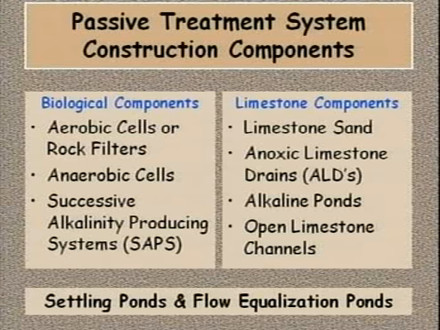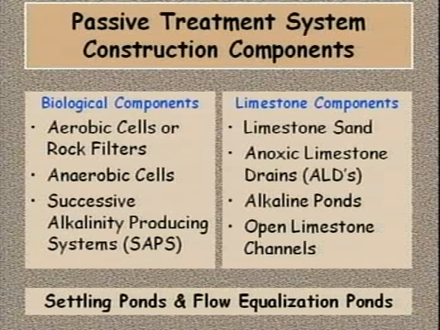The cells on the right are limestone-based cell types that rely on limestone dissolution and acidity neutralization reactions to provide treatment. Now, settling ponds and equalization ponds down the bottom are the filtering and water management components, respectively, and they're a big part of the equation.